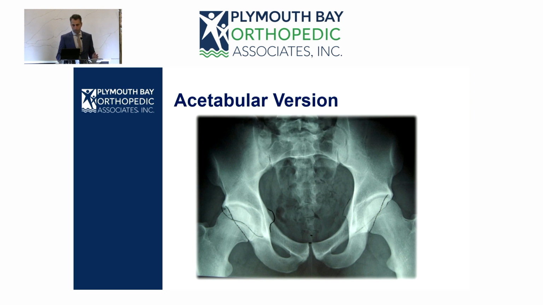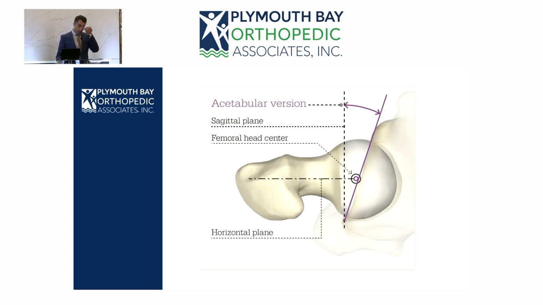That shouldn't happen. You should not see that in a normal hip. The other telltale sign here is that the ischial spine in the back is also visible, so this tells me that this is a globally retroverted socket. The version itself is calculated in this manner, where the sagittal plane line is taken, and the angle is measured from that line to the line that touches the anterior and posterior wall, as you can see here.